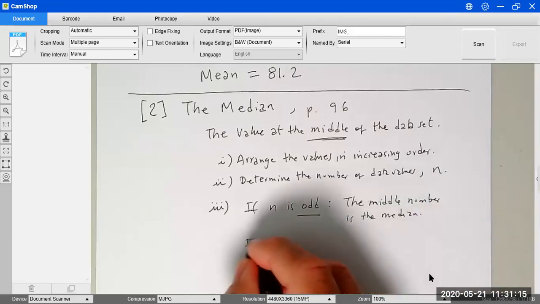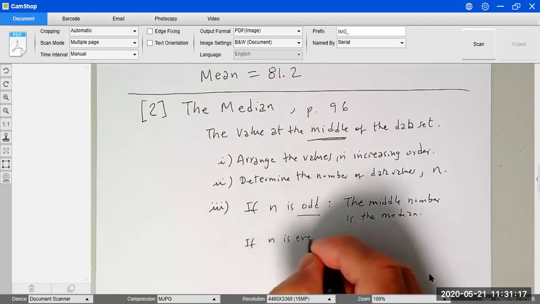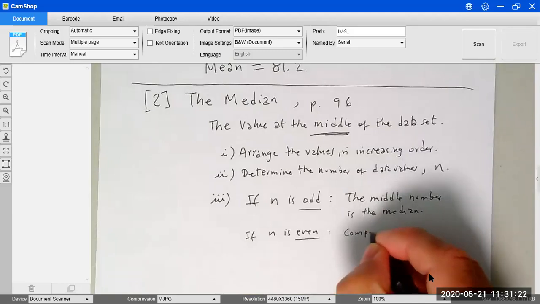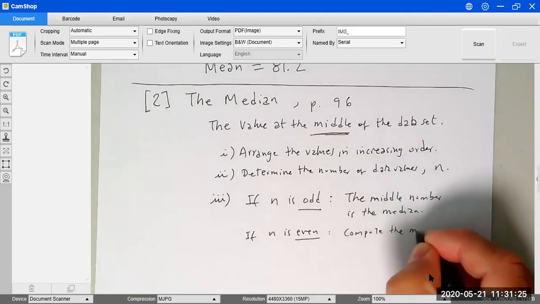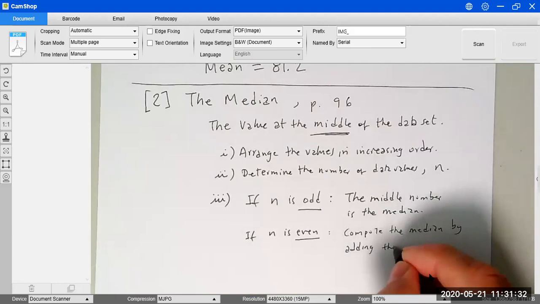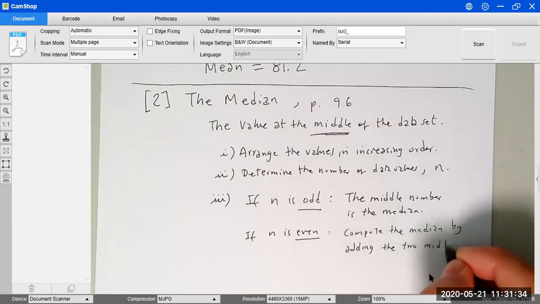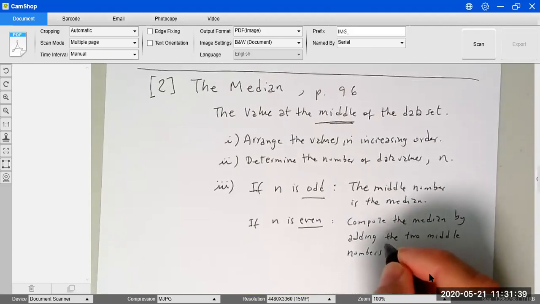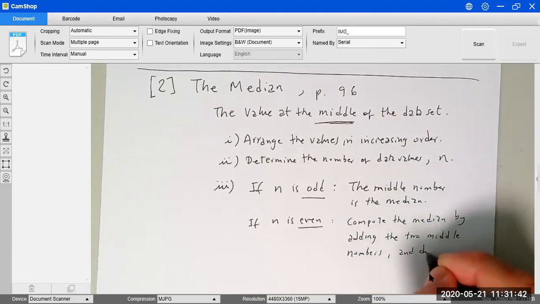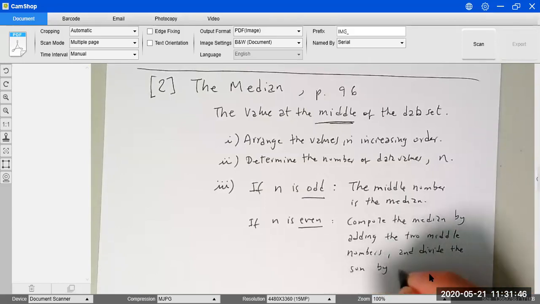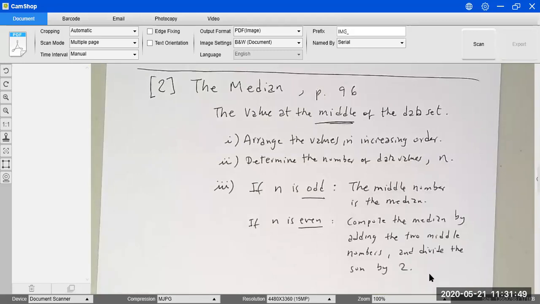Or if n is even, then compute the median by adding the two middle numbers and divide the sum by 2. So that is going to be the way.